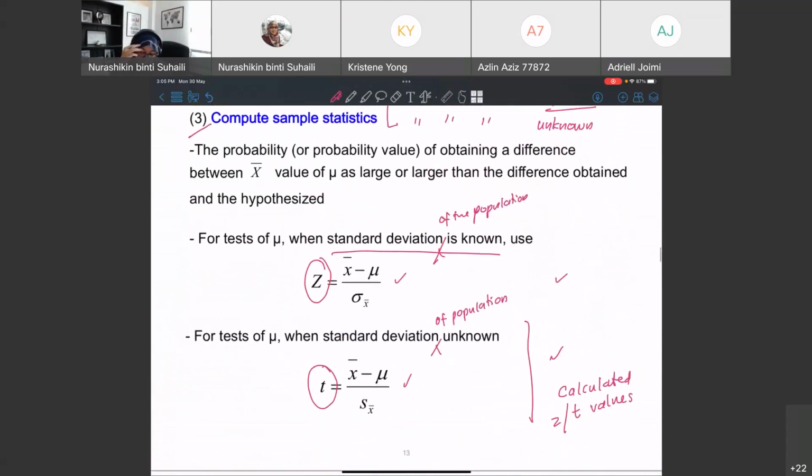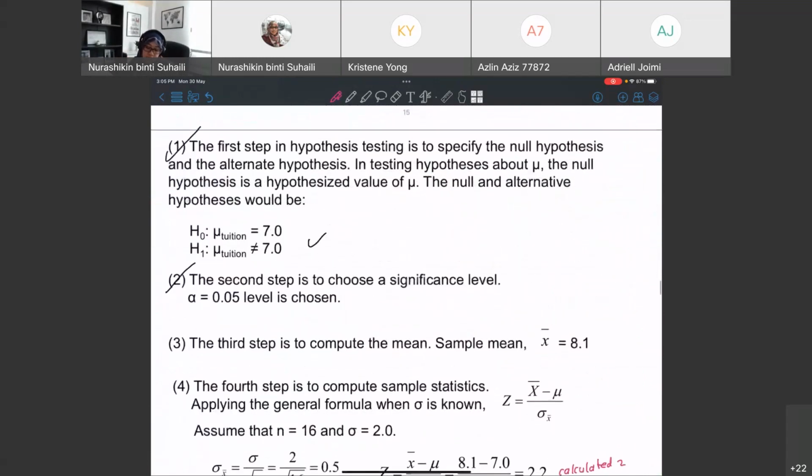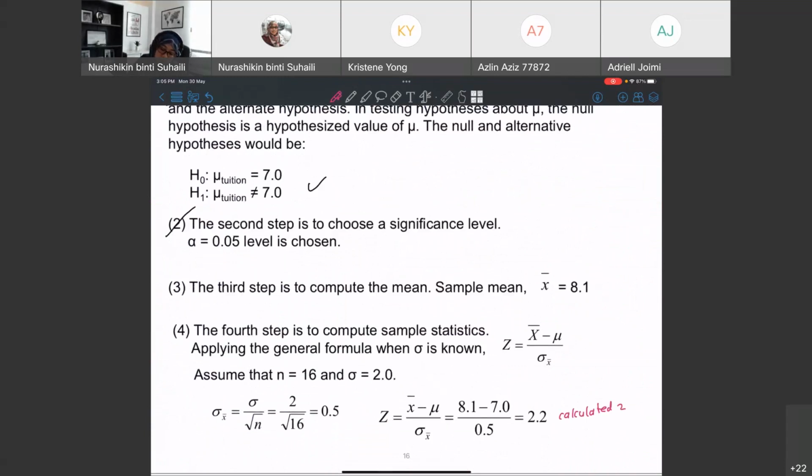Compute sample statistics. Now, what are the things that you need to compute? The mean is given, this is the sample mean. What you have to compute is the Z. Remember this formula? This is the one that you have to substitute here.